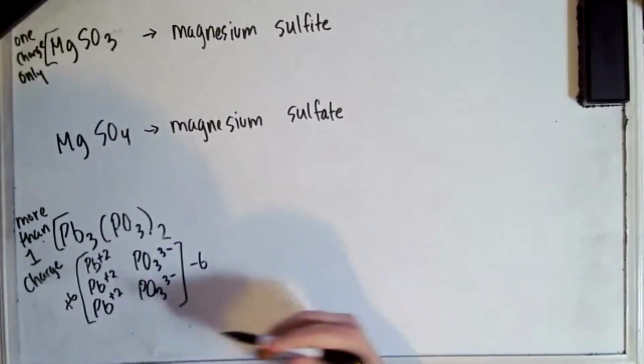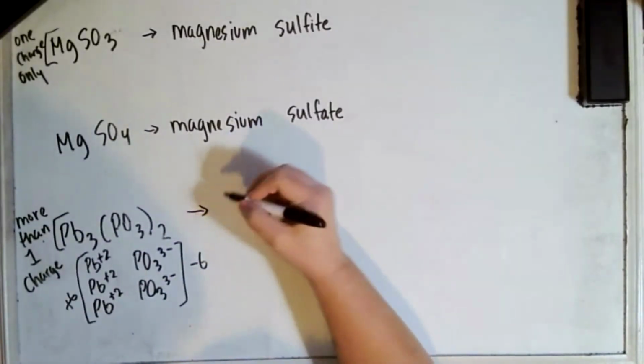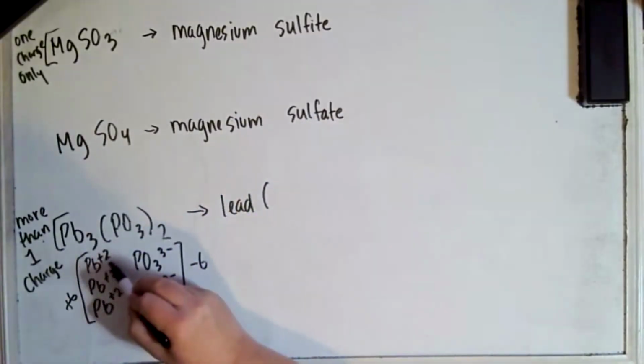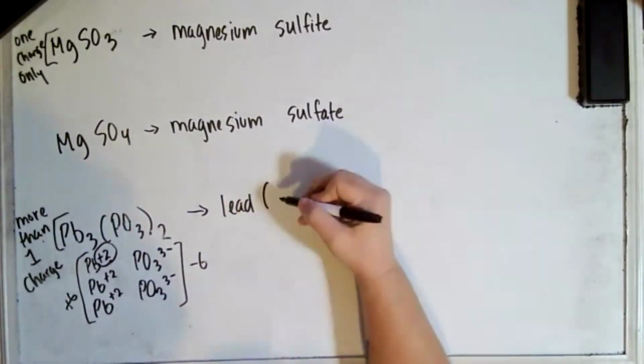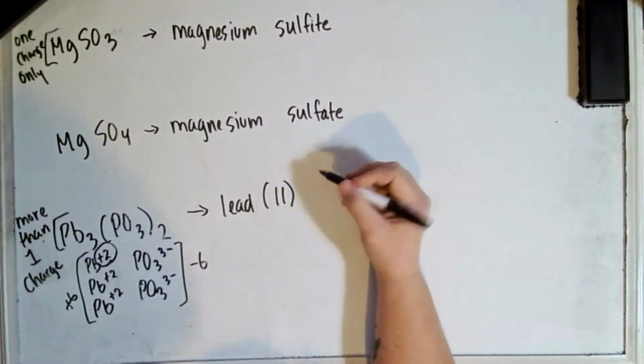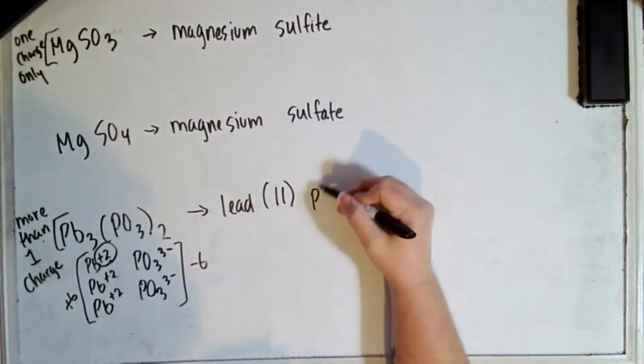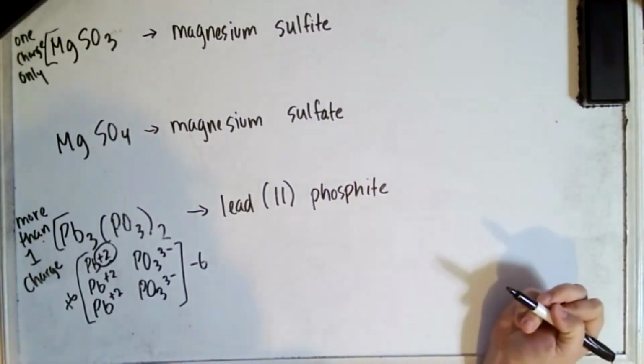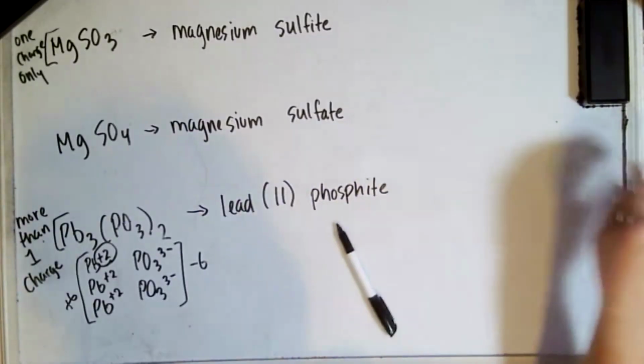Okay. So when we go to name this compound now, we're going to write the name of our metal. In parentheses, we're going to include the charge on the lead, so a charge of 2. And then we're going to name our polyatomic ion. Okay.